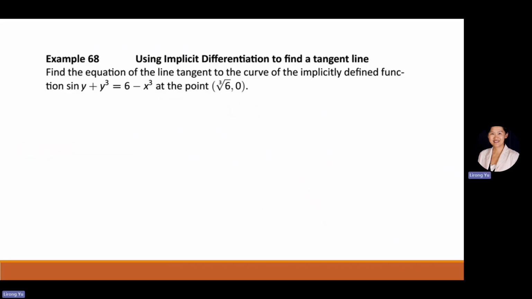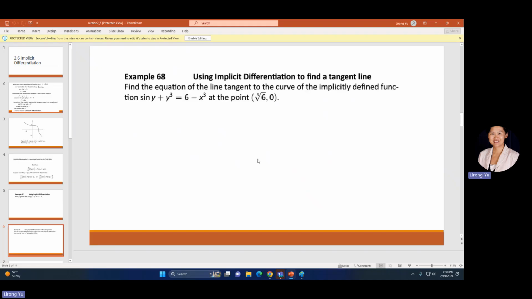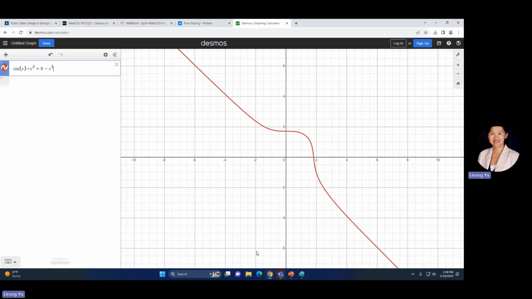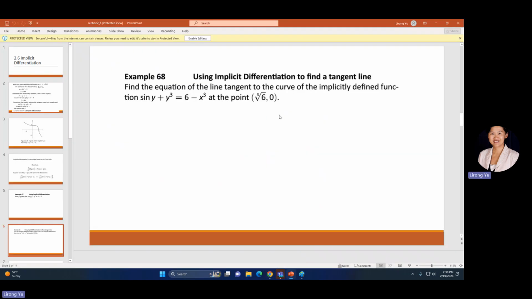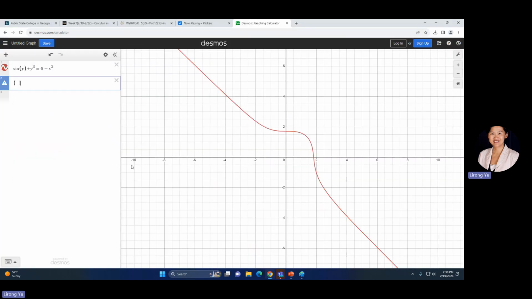With that in mind, now we want to find the tangent line equation. There was a special point, cube root of 6 and 0, on the graph. Cube root is the 1/3 power, so that's 6 to the power 1/3, and then 0.